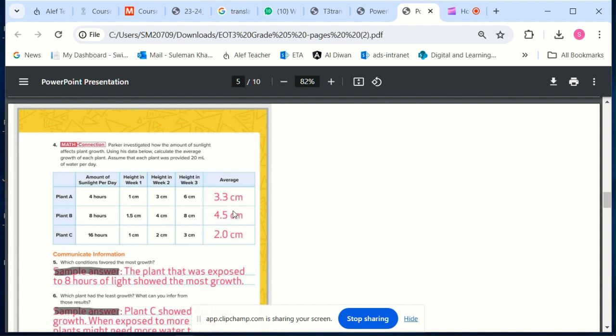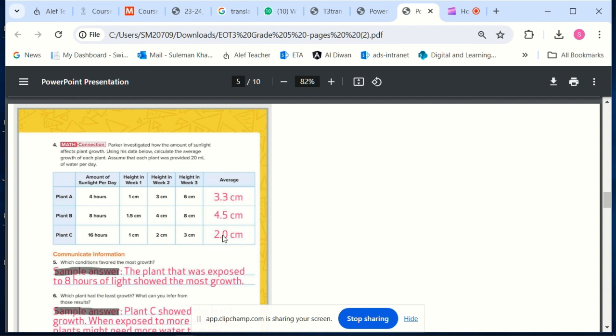Average 4.5. Plant C have 16 hours of shams, 16 ساعة شمس. In the أسبوع واحد it grows 1 centimeter. أسبوع 2 it grows 2 centimeter. And أسبوع 3 it grows 3 centimeter.